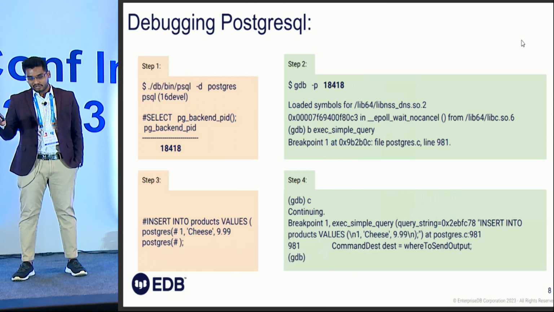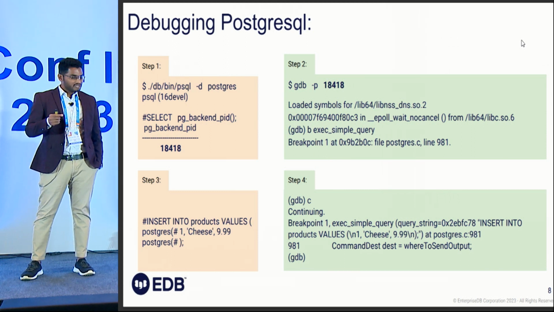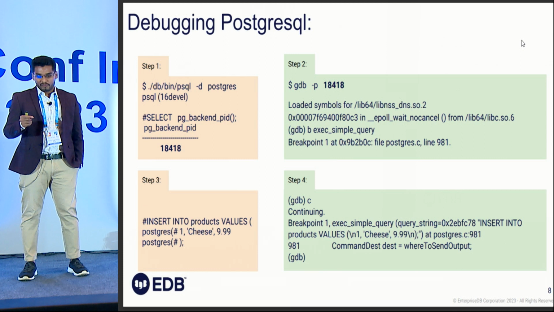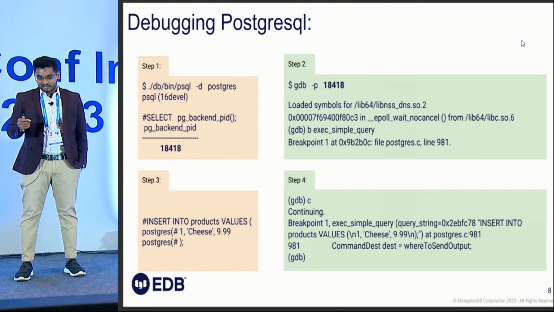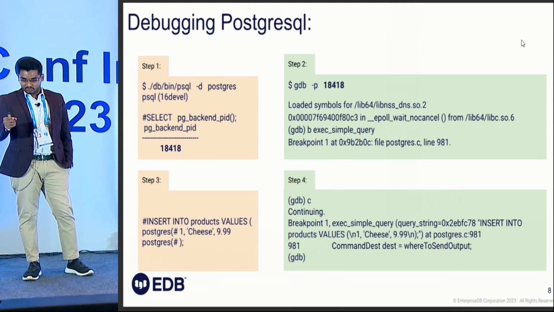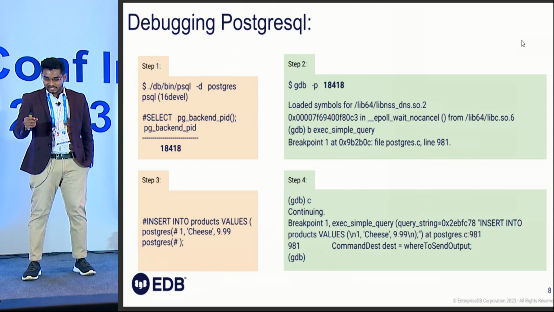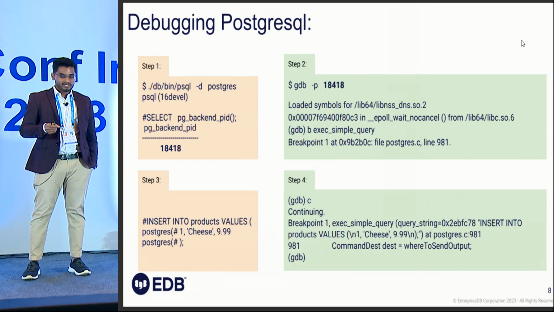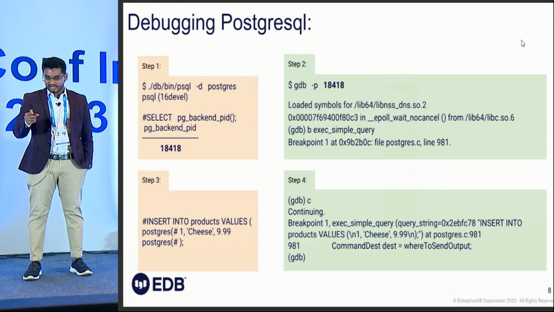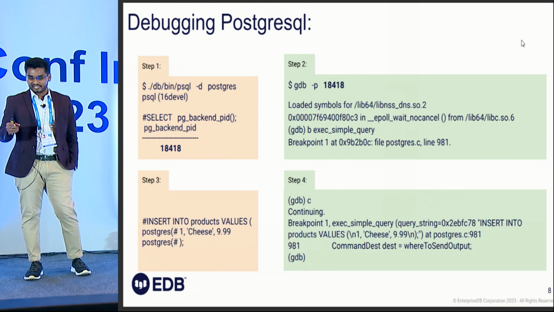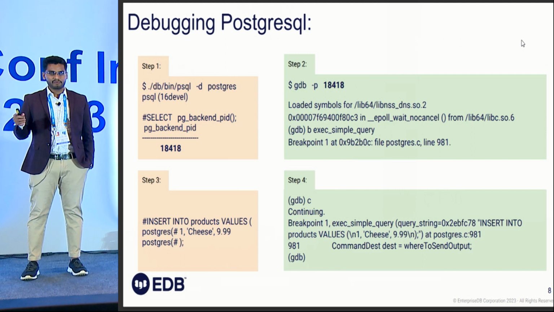Then in terminal 2, you can run the GDB command and provide that backend PID. Once you run the GDB command, you are in the GDB prompt. Now you can set, as I said earlier, a breakpoint at the exec_simple_query function.